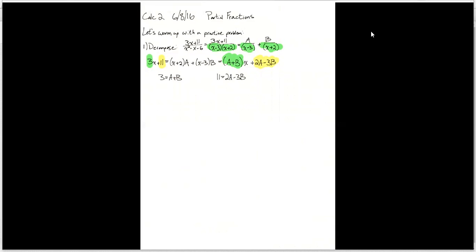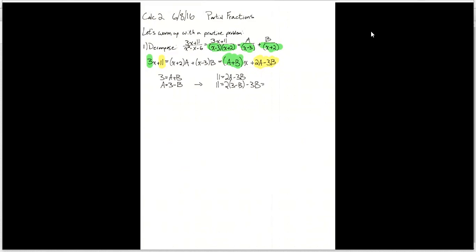So I'm going to look at the first one, 3 equals A plus B. I'm going to rearrange it and solve for A. So A is equal to 3 minus B. Right? So I'm going to use this now and substitute it in for the one on the right. So I'll have 11 equals 2 times (3 minus B) minus 3B.